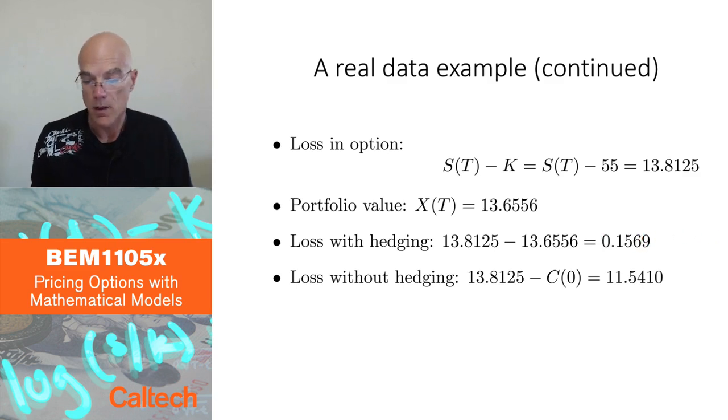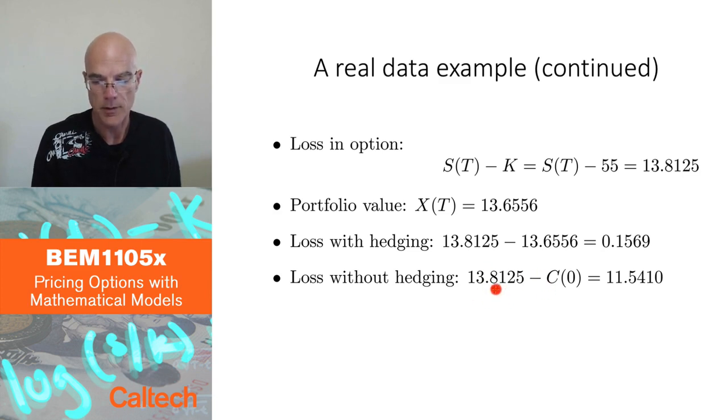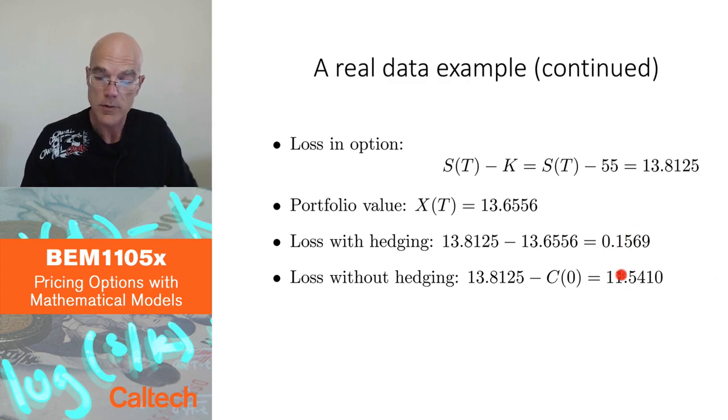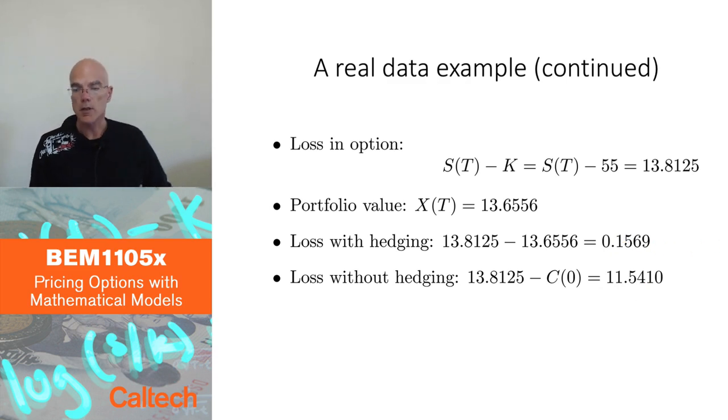While the loss without hedging would be, as I said before, almost $14 but not quite. It's 13.81 minus what you get for the option, which is about 11.54. So you reduced your loss by a lot by doing this hedging, even though you are only hedging once a day and not continuously.